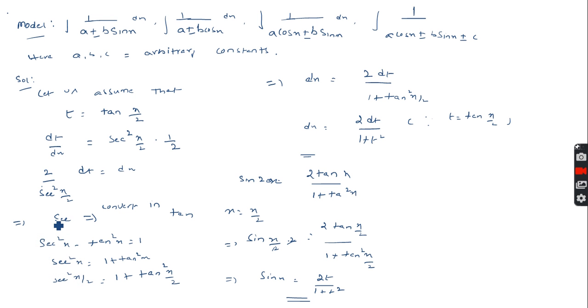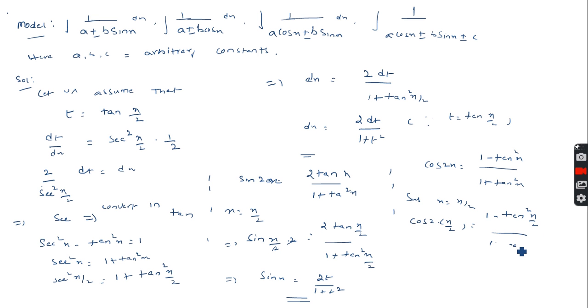And cos x. How to write cos in terms of tan? We know that cos 2x is 1 minus tan square x by 1 plus tan square x. So we substitute x equal to x by 2, and we get cos 2 into x by 2 equal to 1 minus tan square x by 2 by 1 plus tan square x by 2.